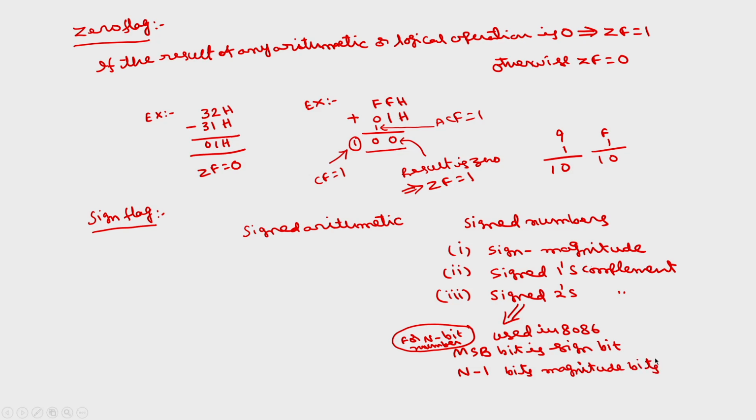So as a result of that, the range of these two's complement numbers that can be represented for an n-bit number varies from minus 2 raised to the power of n minus 1, to plus 2 raised to the power of n minus 1, minus 1.